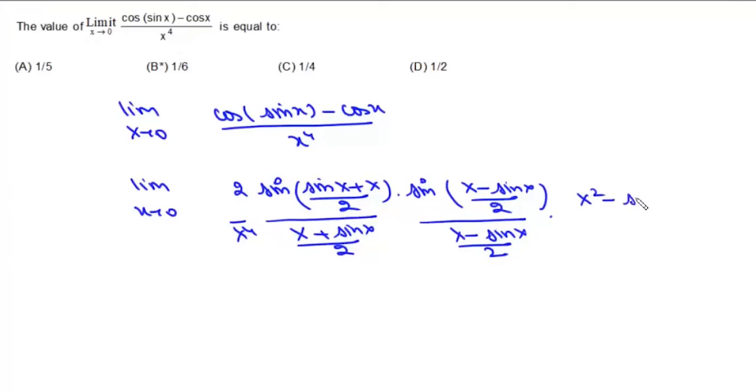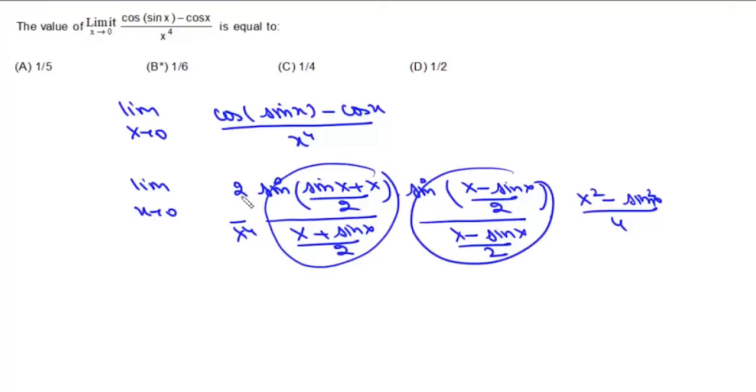We have this x to the power 4, and here will be x square minus sin square x whole divided by 4. Now this is 1 and this is 1 and this 2 will cancel. So we'll write this as limit x tends to 0 of x square minus sin square x upon 2 x to the power 4.